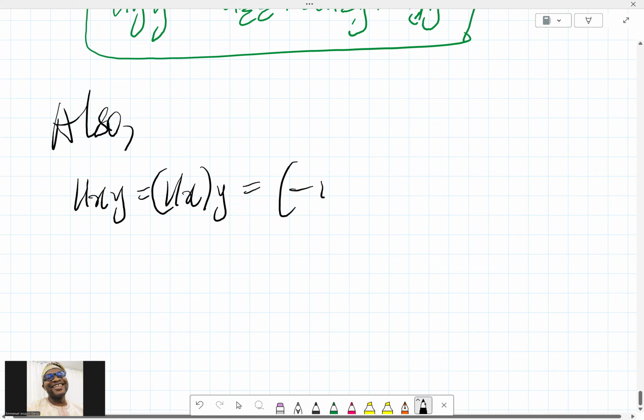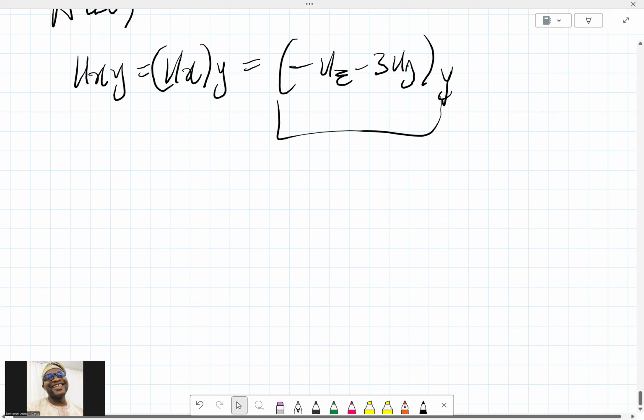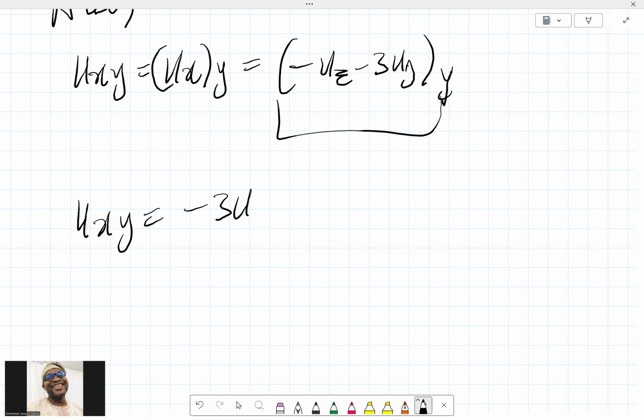So minus u psi minus 3u eta with respect to y. So another chain rule, lengthy process, but then I can jump to the results. Uxy here is minus 3u psi psi minus 4u psi eta minus u eta eta.